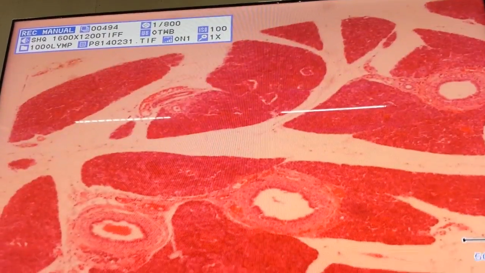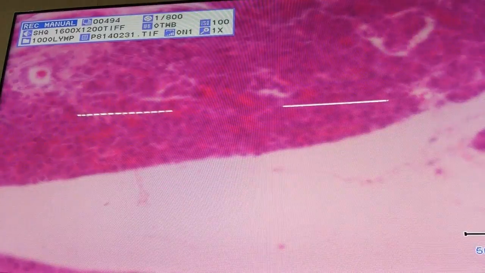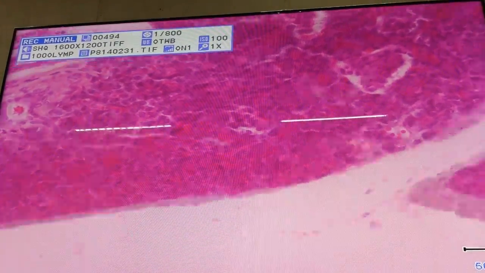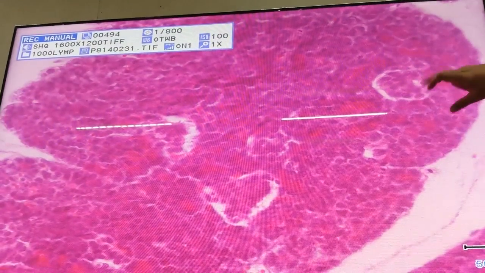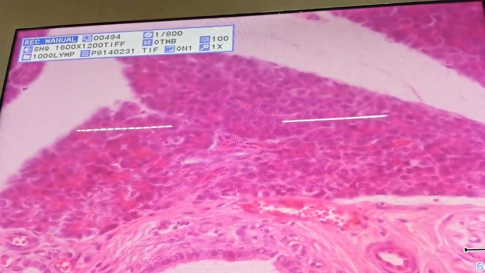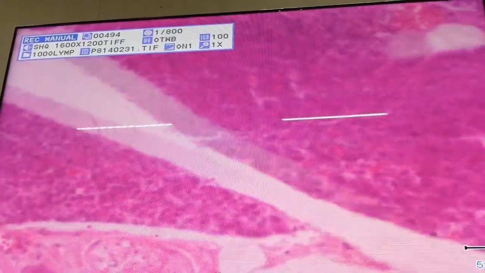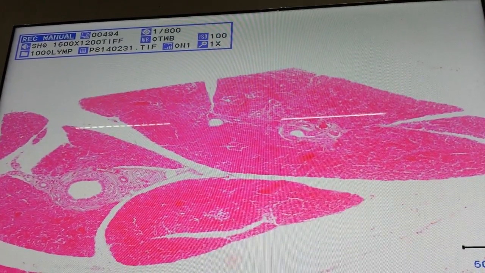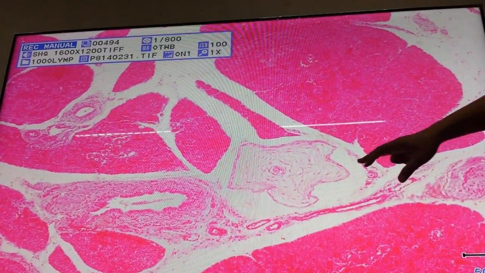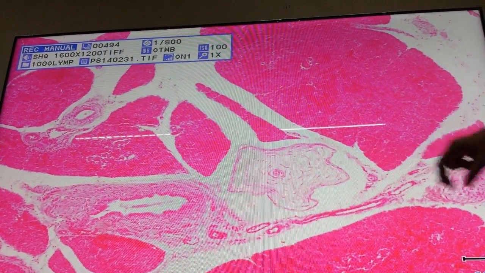This is the pancreas, highlighted by the presence of the islets of Langerhans. The serous acini are slightly obscured because of the compactness of the tissue. This is what we are looking for. This is the Pacinian corpuscle.